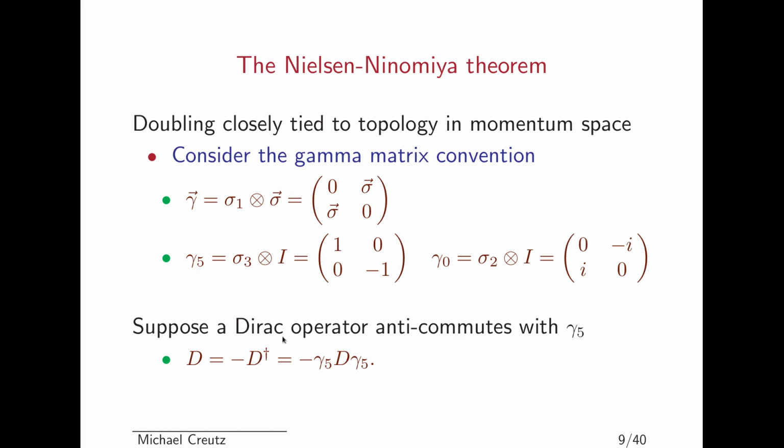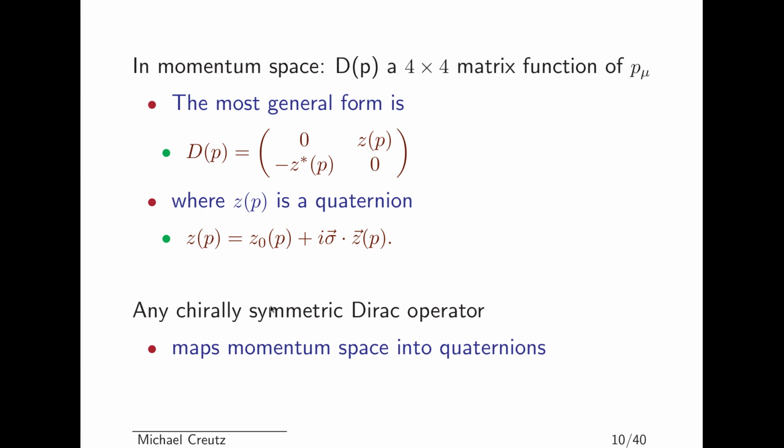So now let's suppose a Dirac operator anticommutes with gamma 5, which is what we want. In momentum space, the Dirac operator is a 4x4 matrix function of the momenta, which has to anticommute with gamma 5.